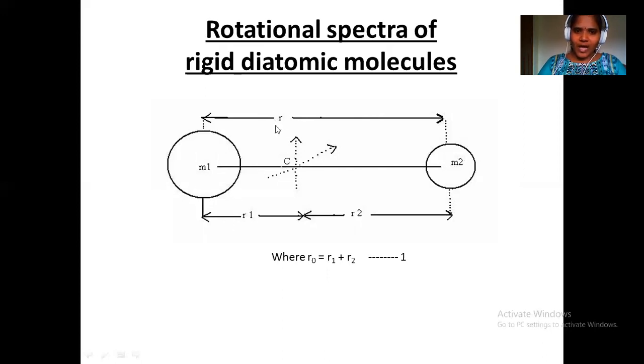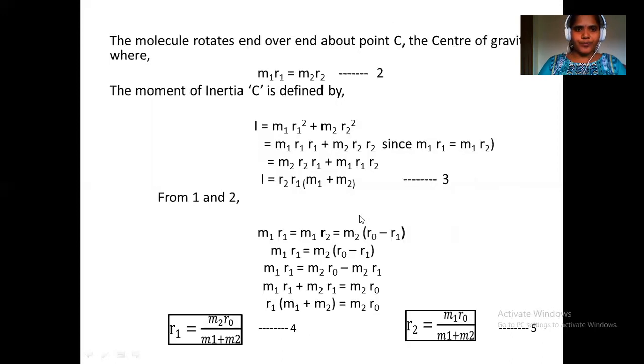From the center of gravity, the distance towards M1 is considered as R1, and the distance towards M2 is considered as R2. So R equals the sum of R1 plus R2.